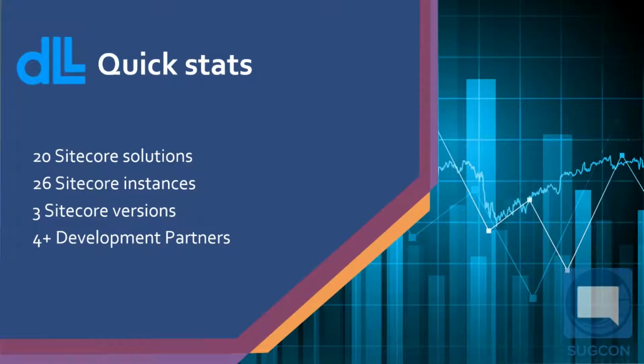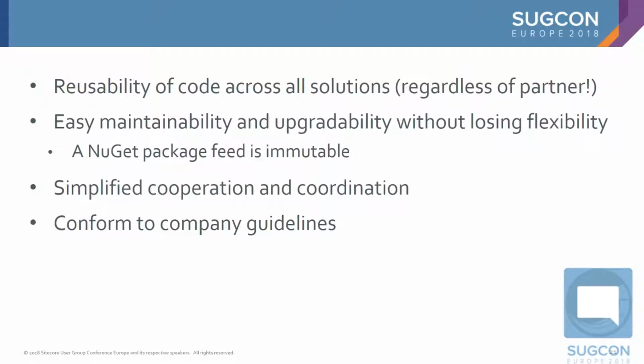And why we use this method and what is the actual business value of it is, we have reusability of the code across all of the solutions when we build this way. We have easy maintainability and upgradability without losing flexibility, because a NuGet package feed is actually immutable. So if you commit a certain package version, it cannot be replaced later by something else.